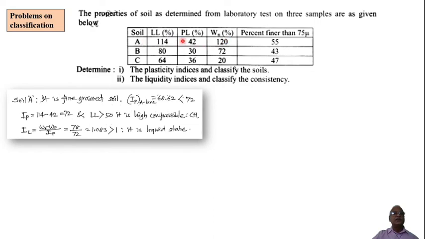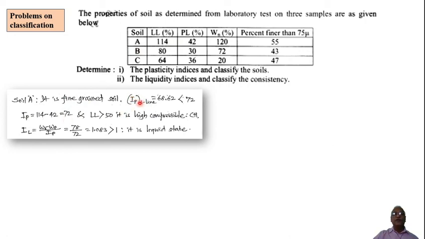As far as soil A is concerned, it is fine grained soil. Why? Percentage finer than 75 microns is more than half, 55%. Obviously it is fine grained soil. Now IP, if I calculate, will be 114 minus 42, that is 72. But IP on the A line, how to calculate?